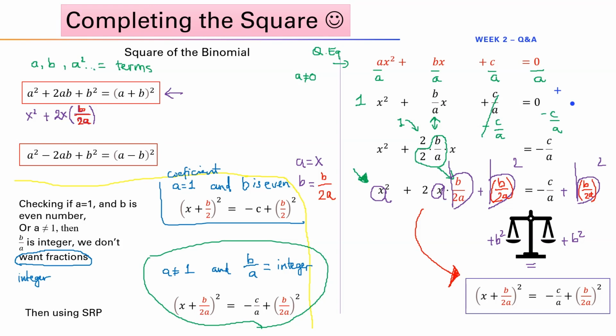Otherwise, we will use the quadratic formula: x equals minus b plus or minus the square root of b squared minus 4ac, over 2a.